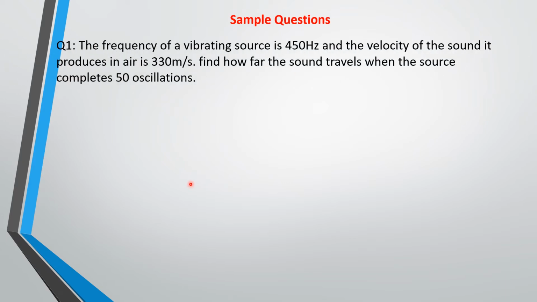Okay, so this is a sample question that we need to look at as we discuss wave. This one says that the frequency of a vibrating source is 450 Hz, and the velocity of the sound it produces in air is 330 meters per second.